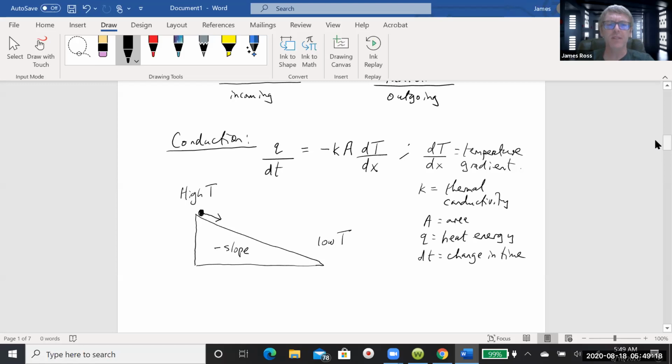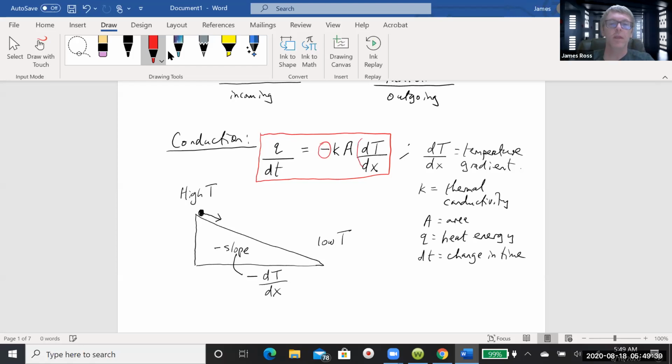So this negative slope is a negative temperature gradient, which is what I have up here. So if you look at my conduction equation, I've got a negative sign associated with a temperature gradient. So that's how you interpret that negative and that temperature gradient. It's a negative slope.